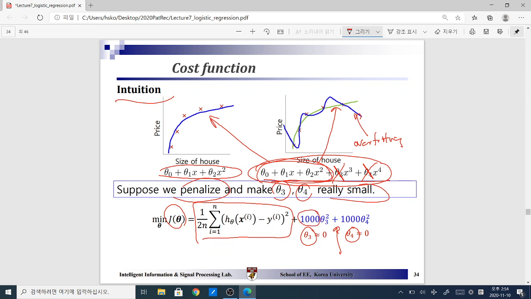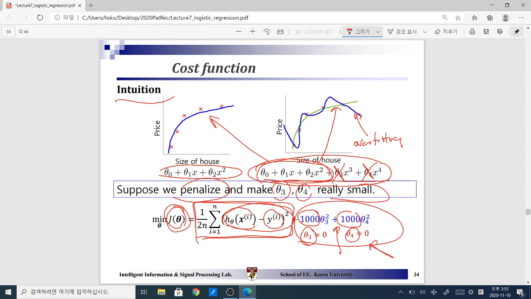By multiplying with a very high constant, say 1000. Because we're looking at this J of theta as the cost function, in addition to the normal cost that occurs because of the difference between the prediction and the label, we have this additional term having to do with the size of the parameter.